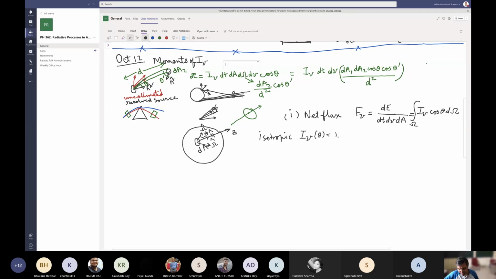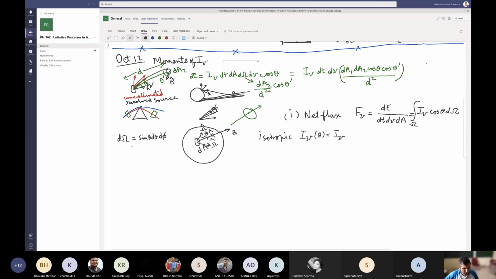So in that case I nu can just come out of that integral, since it does not depend on theta. When we consider spherical coordinates, this is very important to notice: d omega, when written in terms of spherical coordinates, is just sine theta d theta d phi. This is your solid angle.